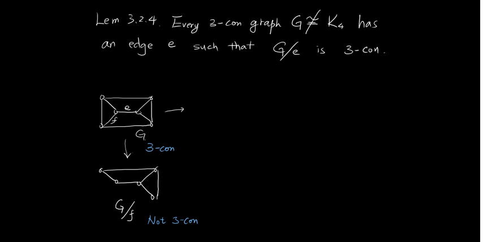So you see the statement of this theorem. This theorem says there is an edge. It does not tell you that you can do this on every edge. If you apply the contraction on F, then you get trouble. But if you do it on E, then it is no problem.